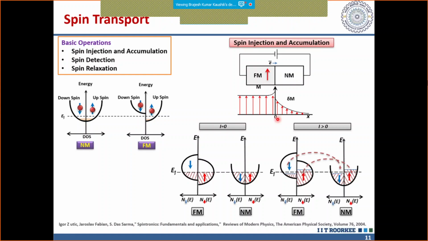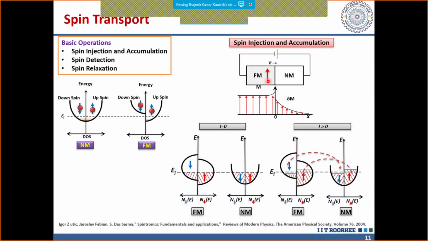And as you see, onto the junction side, you'll have more up spin electrons on this side, and as you move far away from it, it goes down. So this goes down as you move away from the junction. And this clearly demonstrates how the non-magnetic layer can be injected with electrons with one kind of orientation.